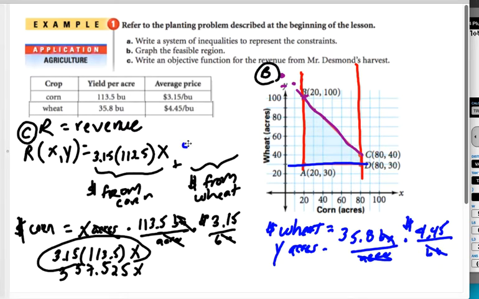So I'm going to find that this is 4.45 times the 35.8 times the y, right?